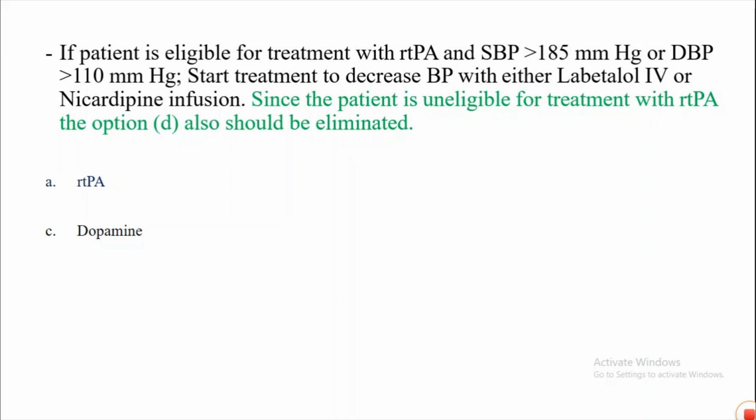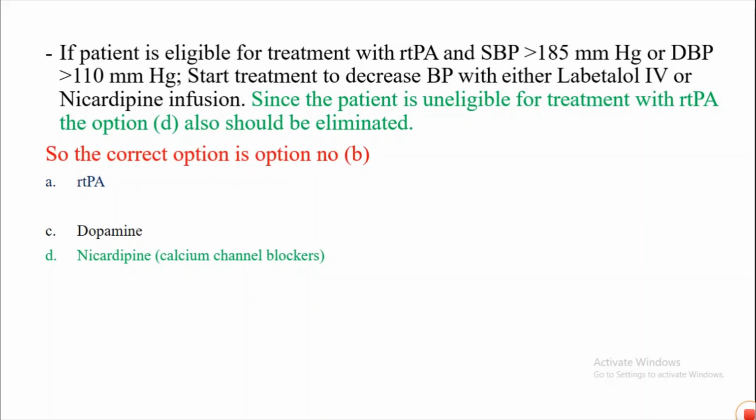Since the patient is ineligible for treatment with RTPA and the patient's blood pressure is not greater than 185 over 110, option number D should also be eliminated, nicardipine, which is a calcium channel blocker. So the correct option is option number B, which is aspirin.